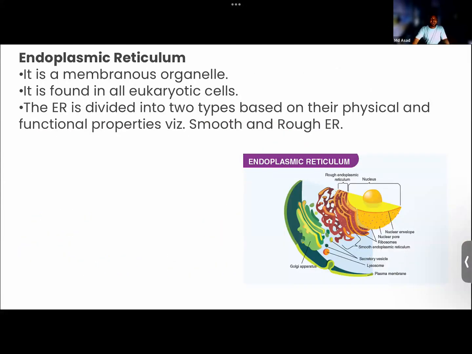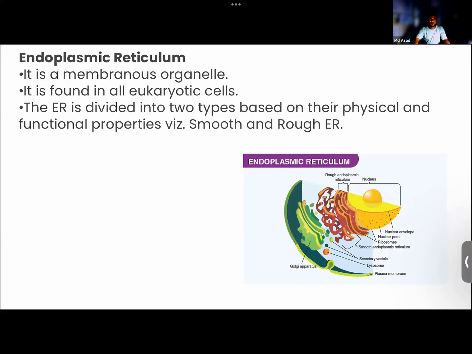Now, another structure here is the endoplasmic reticulum. What is this endoplasmic reticulum? It is simply a transport system of the cell.